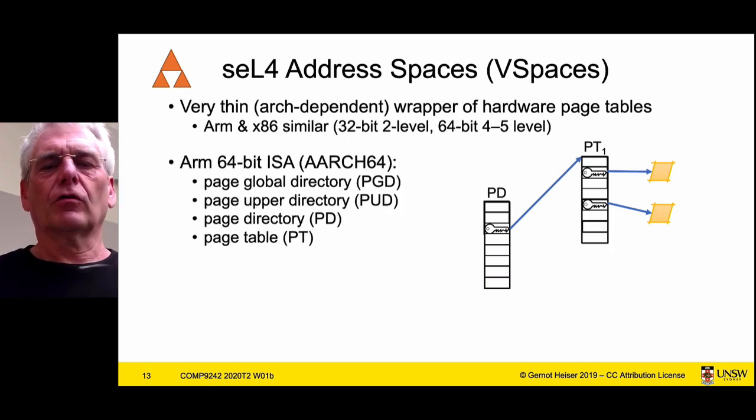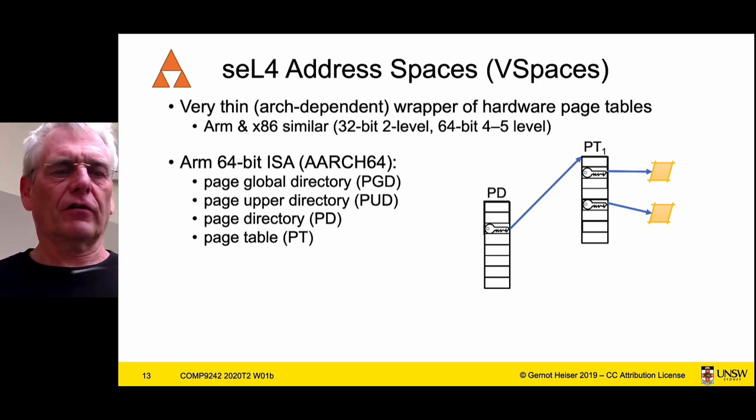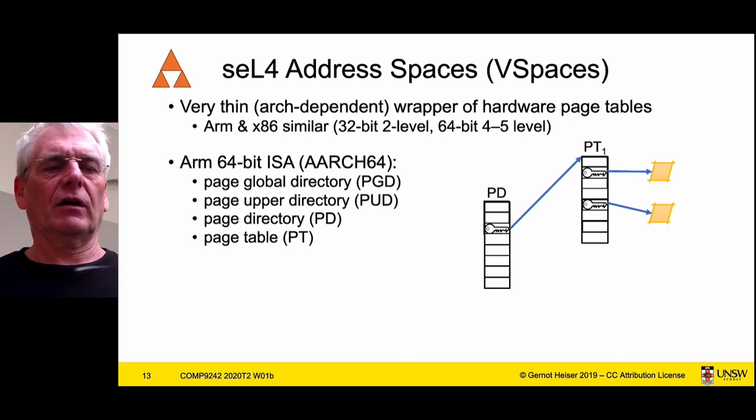We, of course, use an ARM platform in 64-bit mode. In this case, ARM specifies 4 levels of page tables. At the bottom, a simple page table, then a page directory, then the page upper directory, and the top one, which is called the page global directory, PGD. And the top level page table is what represents an address space in seL4.